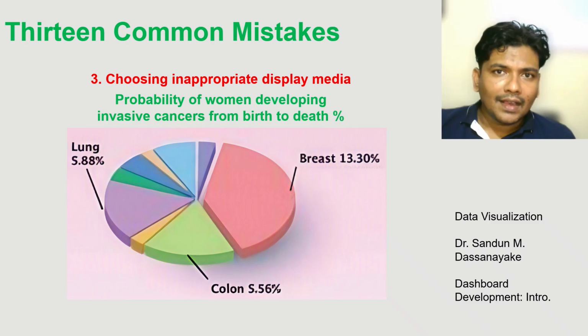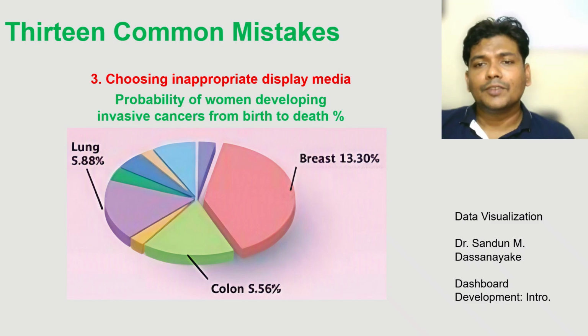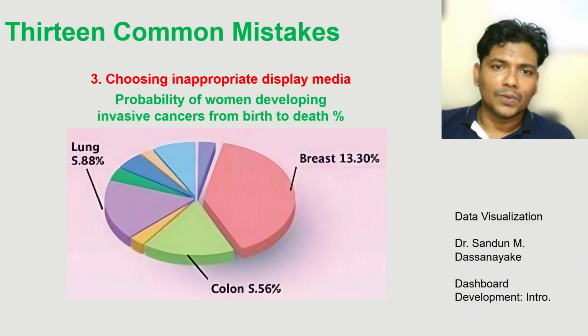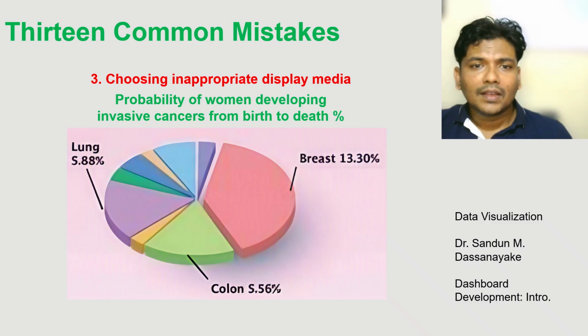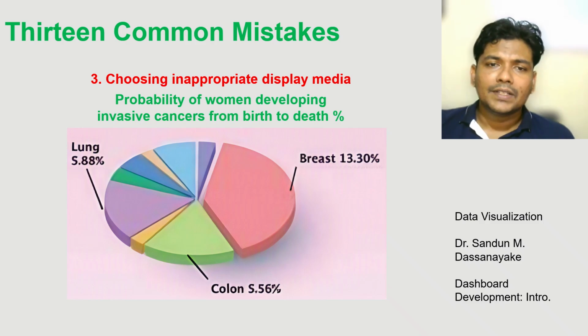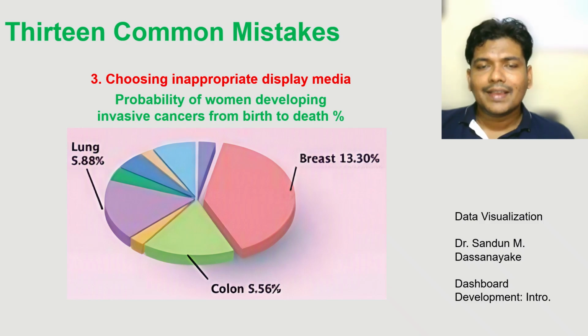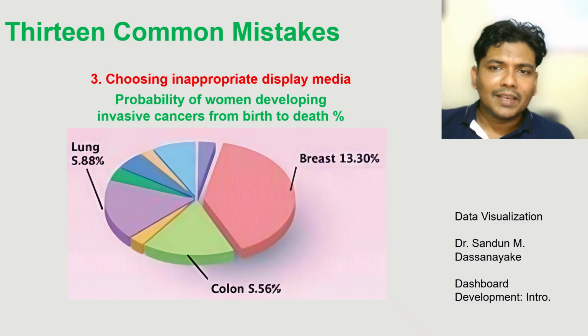Pie charts are designed specifically to present parts of a whole, and the whole should always add up to 100%. Here, the slice labeled breasts is 13.30%. You can see that. It looks like it represents around 40% of the pie. That's far away from 13.3%.